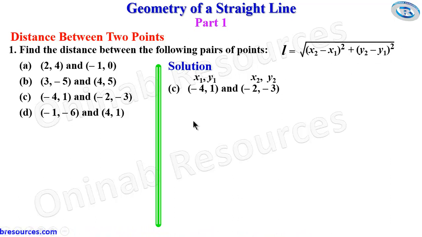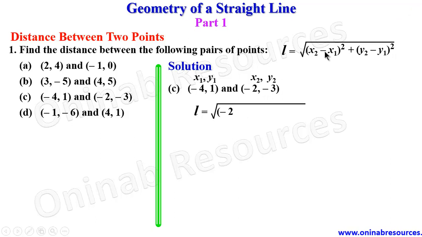It doesn't matter. So substituting into our formula, we have square root of x2, which is -2, minus x1, that is minus minus 4, which will give us plus 4 all squared. Then plus y2 is negative 3 minus y1, and our y1 is 1, so minus 1 all squared.